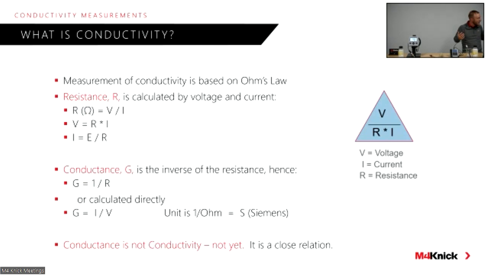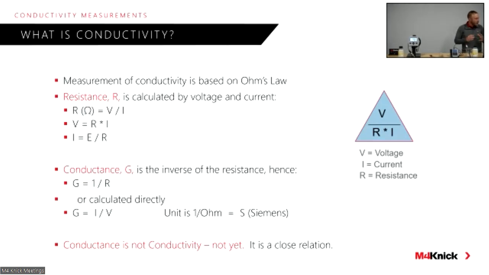Conductivity or conductance is the inverse of resistance. Hence, as I was stating earlier, these conductivity electrodes that we'll show you throughout today's webinar are often used for measuring resistivity. And the electronics in the M4 Knick product portfolio allow you to display in resistivity and output to your control system in resistivity, because it's simply the reciprocal of conductance.